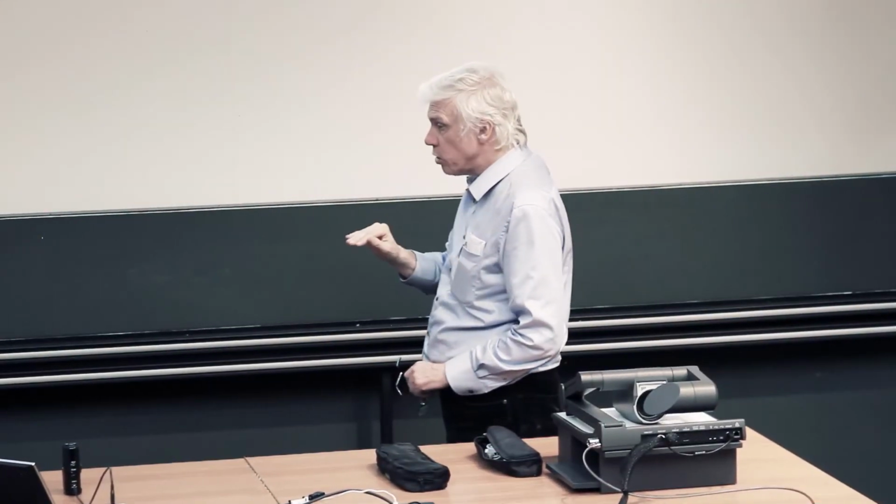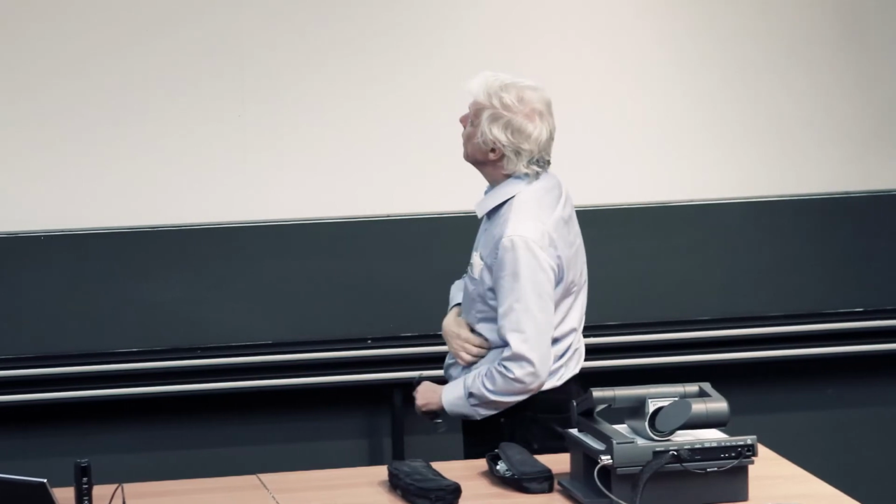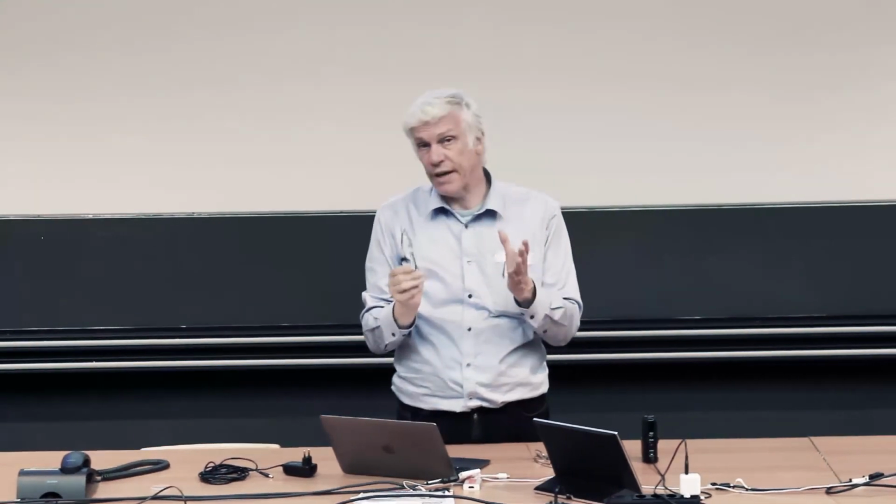So we have dark, then a small pulse of light, a very bright period, and then going back to dark. And you see that the images now are much sharper. So that's an artificial way of controlling the integration time of the camera, the time used by the camera to collect photons and build an image.